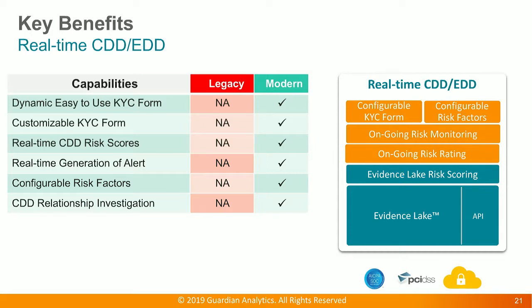And it's connected to the link analysis so that the CDD relationship investigation has a customer 360, whereby you can see a single risk score coming from various risk factors themselves being fed by the payment channels, the digital channels, or the KYC channels. And that's a very important step in terms of customer risk rating.